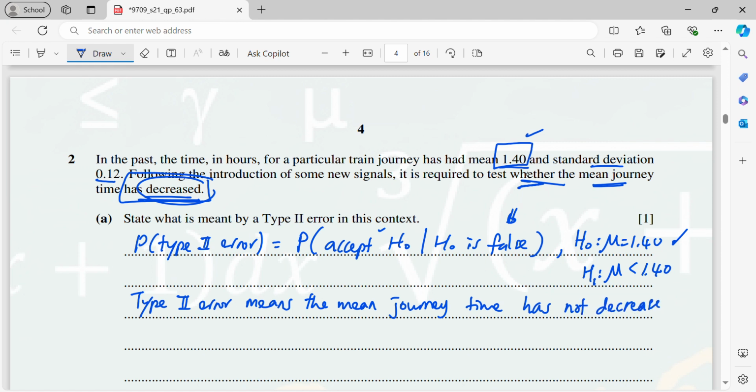That is to accept H0, when in fact it has, because based on the definition, given that H0 is false. So basically it has decreased, but we will just say that it has not decreased. We have to accept mu equals 1.40. So that's all for 2A.